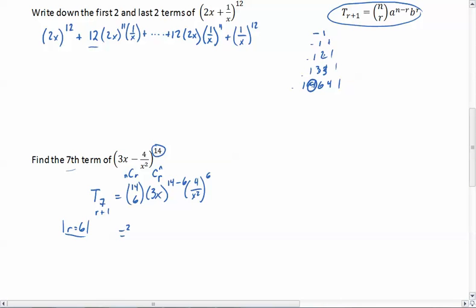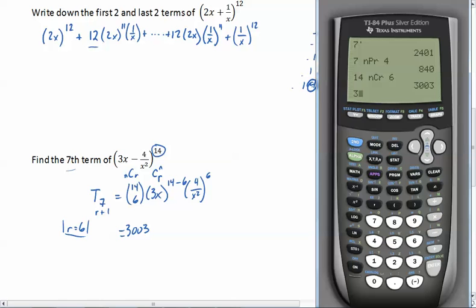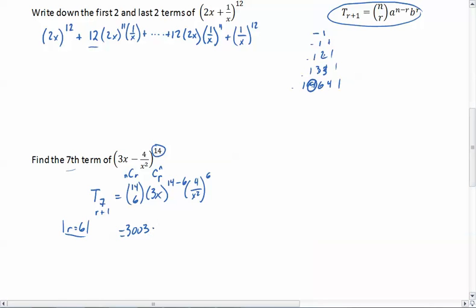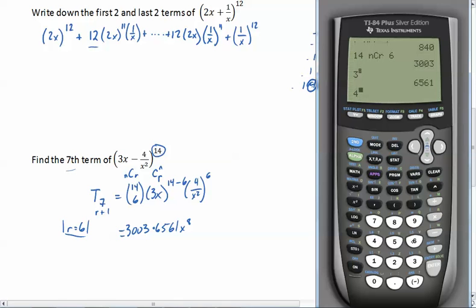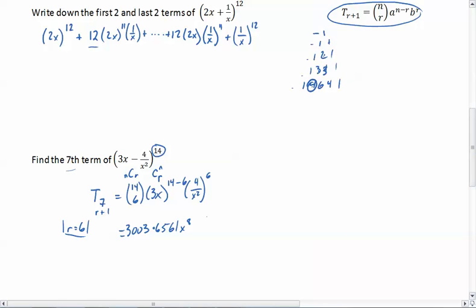So 3003 times 3x to the 14 minus 6, which is 8. So let's just go ahead and do 3 to the 8th power, which is 6561. So times 6561x to the 8th. And then we've got 4 to the 6th power. So 4 to the power of 6, which is 4096. So times 4096 over x to the 12th.